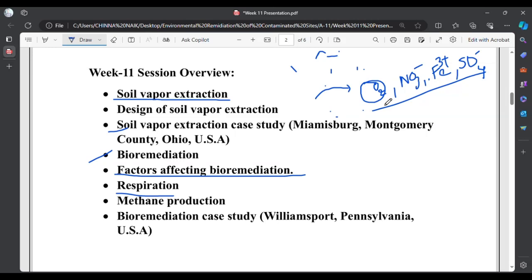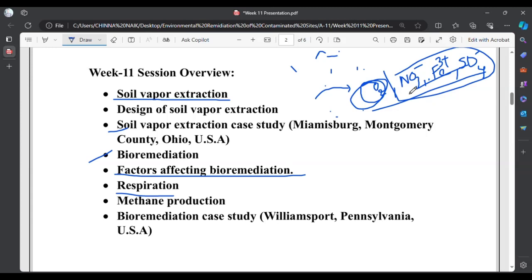Oxygen is considered a more powerful oxidizing agent. So even in the presence of other compounds, bacteria will choose oxygen as the electron acceptor compared to other compounds.